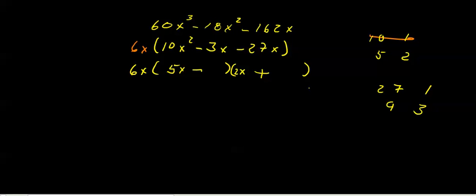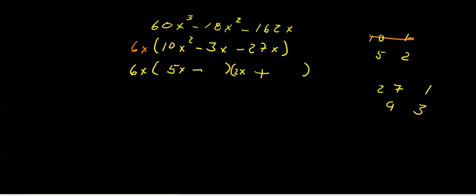All right? And again, we have these combinations. 27 and 1, 135 minus 2, nope, not going to work. And 27 here, 1 here, minus 54 plus 5, not going to work. So erase those.